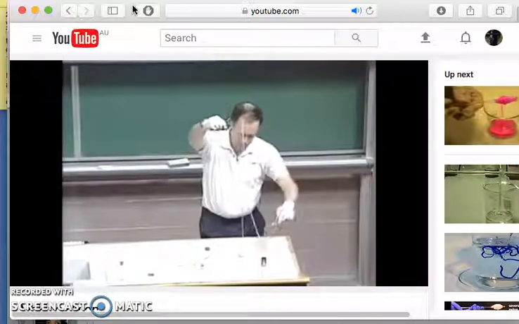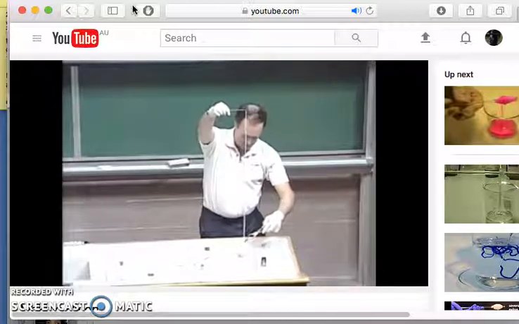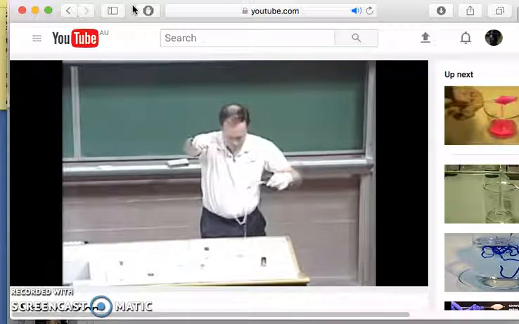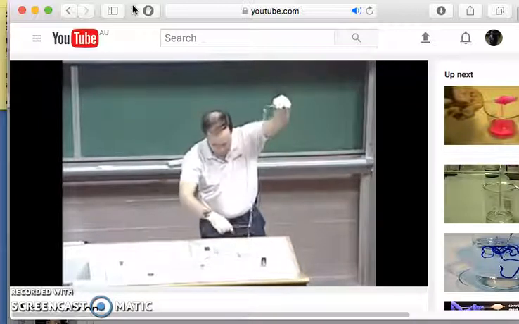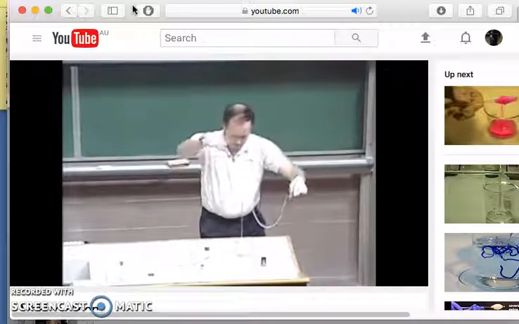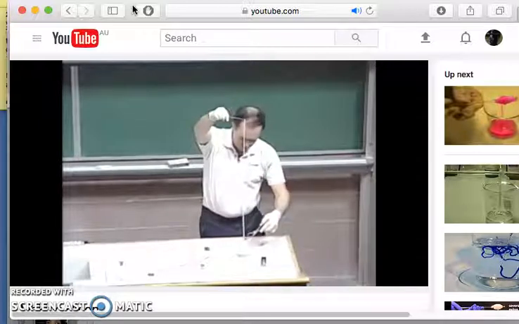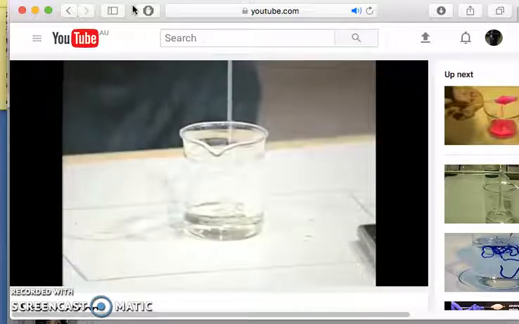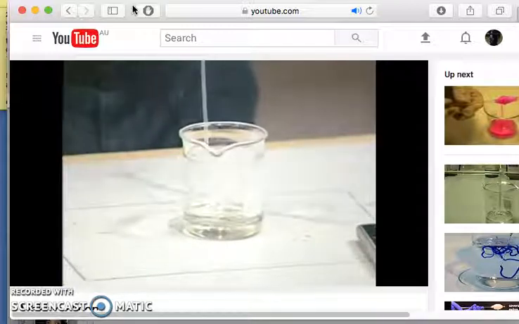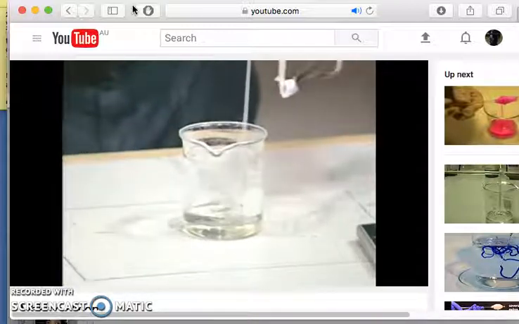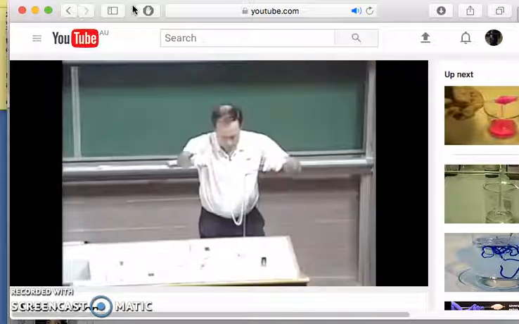I'm sure we're going to beat that record today. Now you can see that you can get a lot of material out of a very small quantity. I only dissolved a few grams of the acid and the hexane diamine in here, but we get a tremendous amount of material out of here.